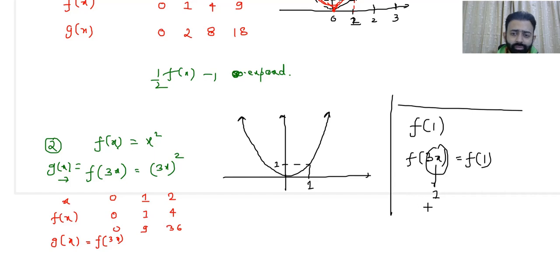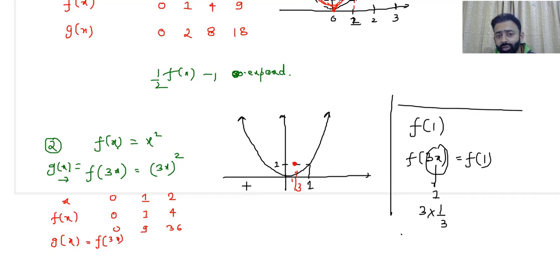This will be possible when you give input x as 1 by 3. That makes sense. Then only you will get the value f(1). That means whatever value you were getting at x equal to 1, this time you will get at x equal to 1 by 3. So the point will be like this.